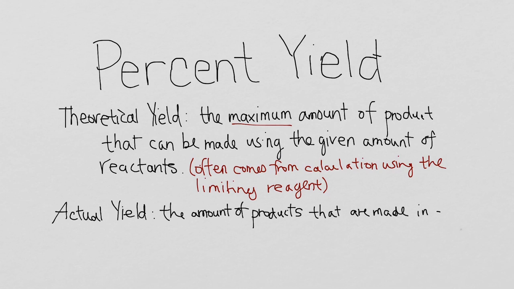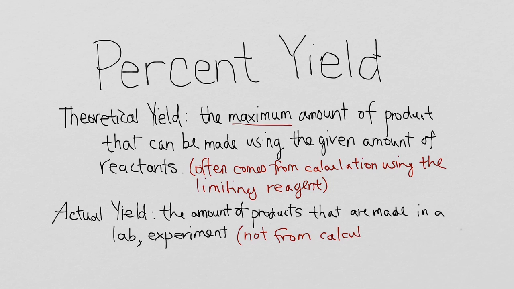Reality meaning in a lab, in an experiment, so this number does not come from calculation. This number does not come from calculation. So this number can only be obtained if you do the lab itself. It's experimental.